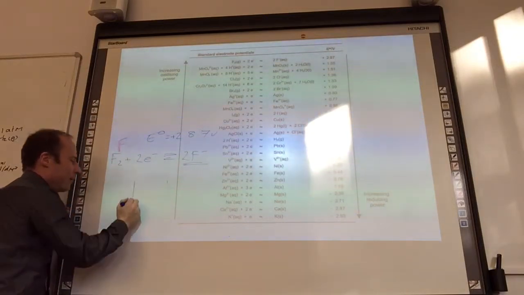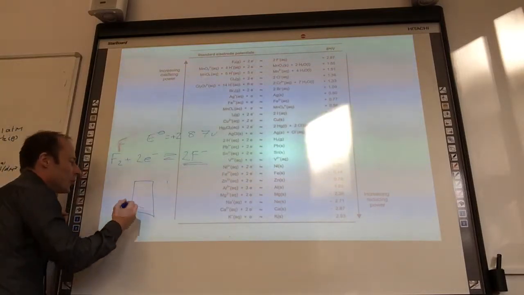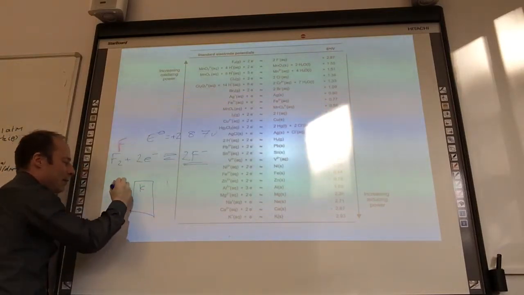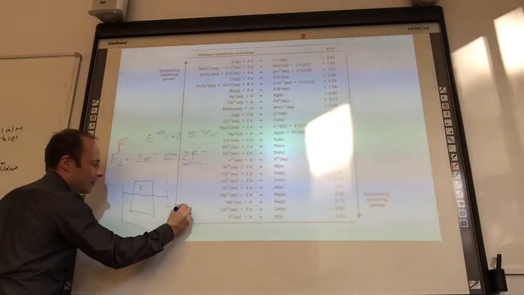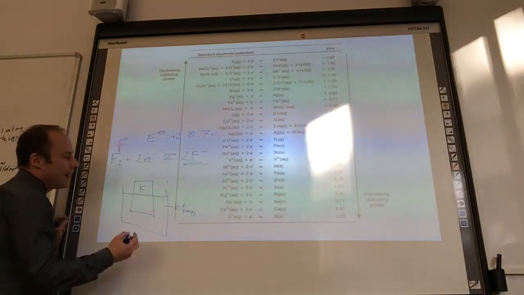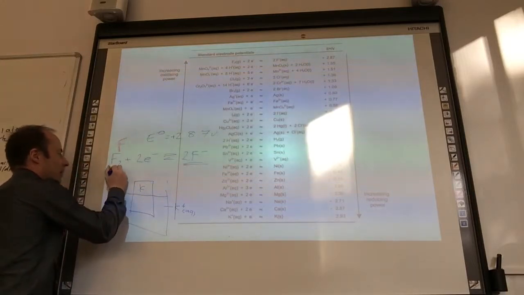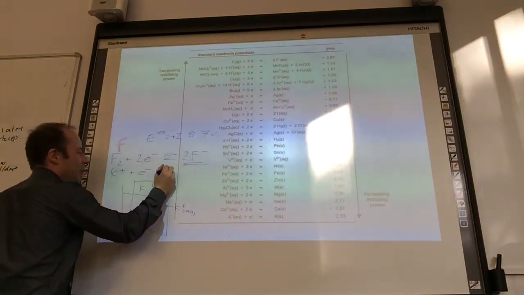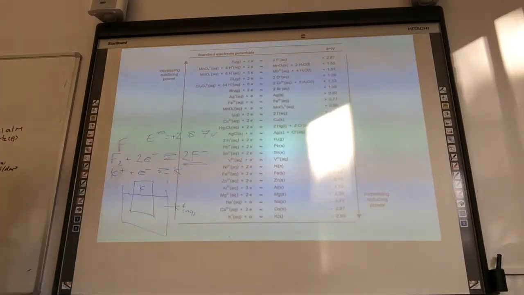Let's go the other way. Let's look at potassium. I couldn't have potassium metal in a lump with potassium ions in water. It would just react straight away. Anyway, it is very, very negative. K plus an electron in equilibrium with K. That is negative.